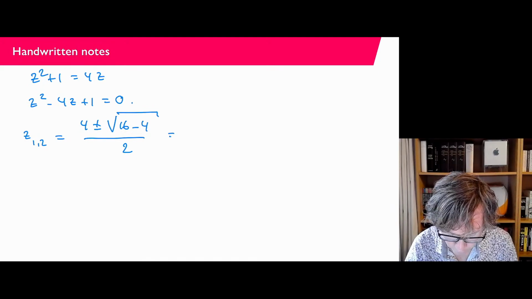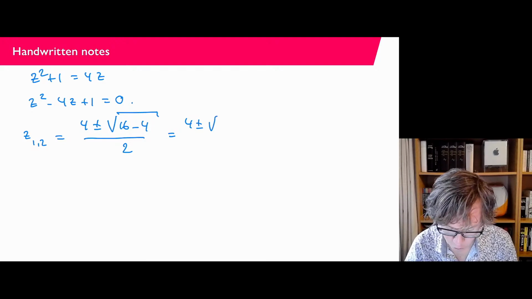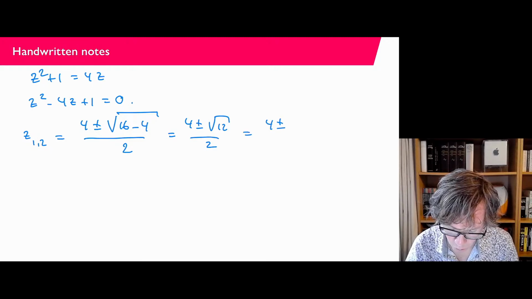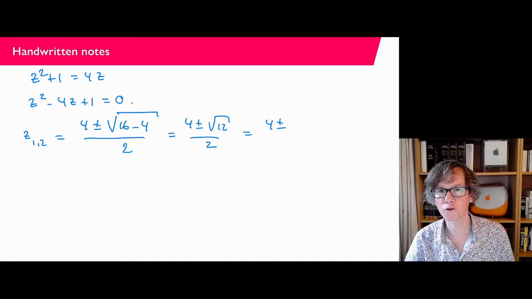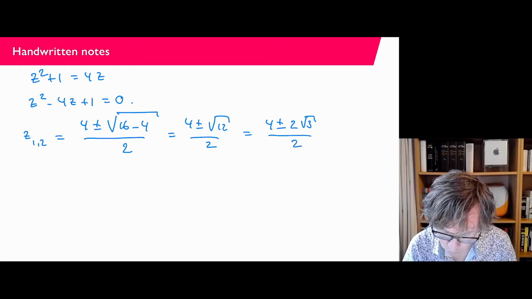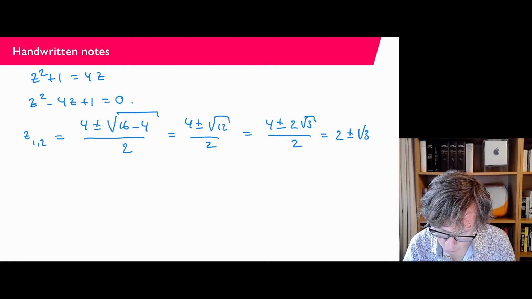So we find 4 plus or minus the square root of 16 minus 4 is 12. Is 4 plus or minus 12 is 4 times 3. So that's going to be 2 times the square root of 3 over 2, which is 2 plus or minus square root of 3.